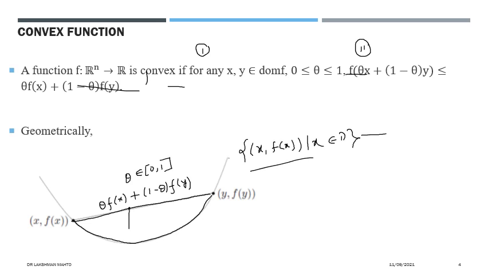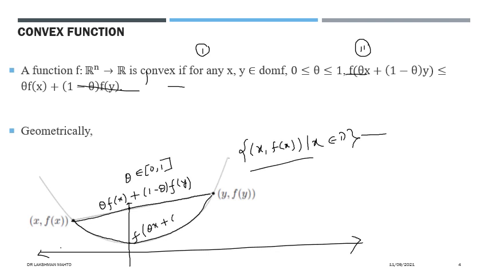So you can denote this point by theta f(x) plus 1 minus theta f(y). And what is the name of this point? This is the image of the convex combination of x and y, theta x plus 1 minus theta y.